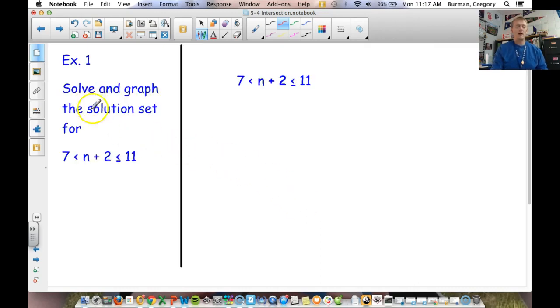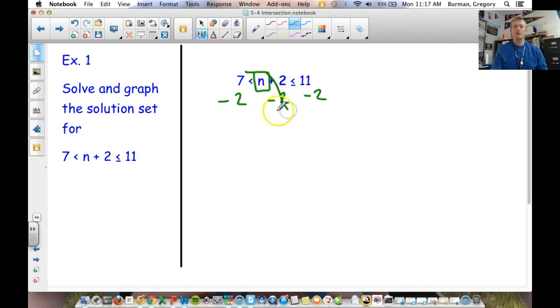So if we solve this problem, solve and graph the solution set for n plus 2 is greater than 7, n plus 2 is less than or equal to 11. And our process here, folks, is we want to get the n by itself. So to get the n by itself, we have to subtract 2 from all parts of the compound inequality.